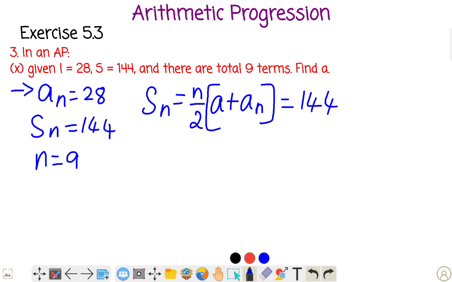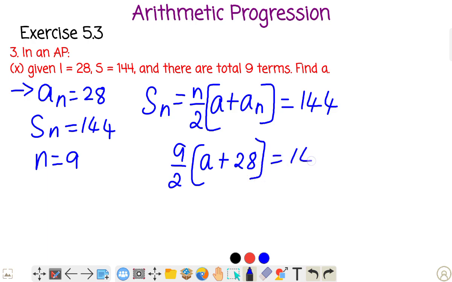Okay, so yes, n is 9. So that is 9 by 2 into a as it is plus an value 28 is equal to 144.